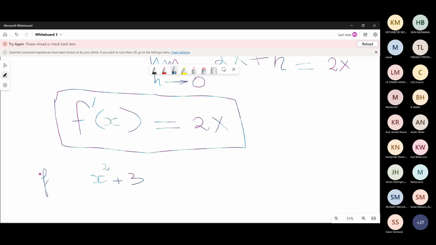If f of x equals x squared plus 3, then the derivative is equal to simply 2x. Right.